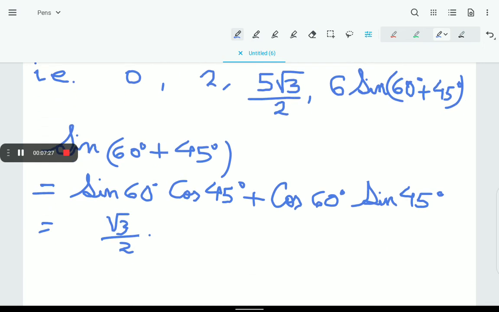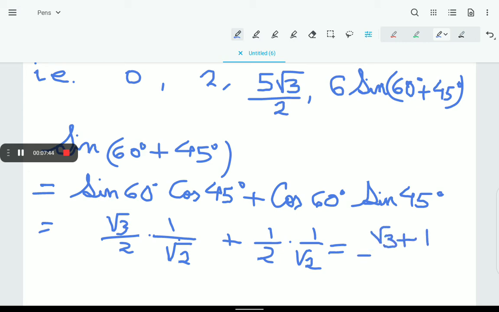Cos 45 degree is 1 by root 2. Cos 60 degree is 1 by 2. Sine 45 degree is 1 by root 2. So that's equal to root 3 plus 1 divided by 2 root 2.